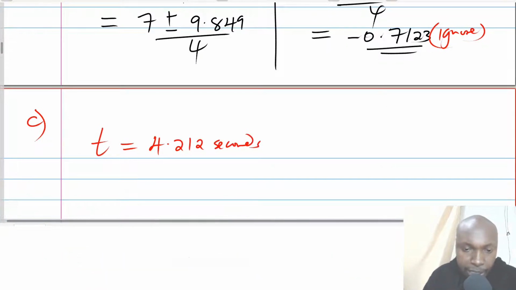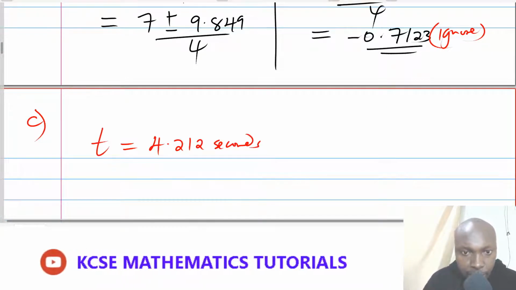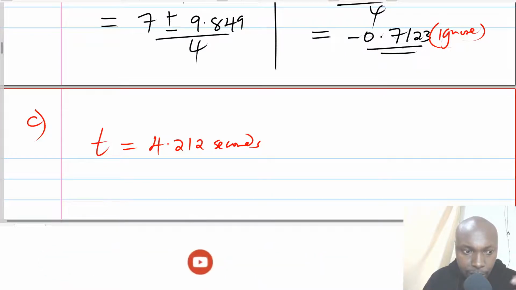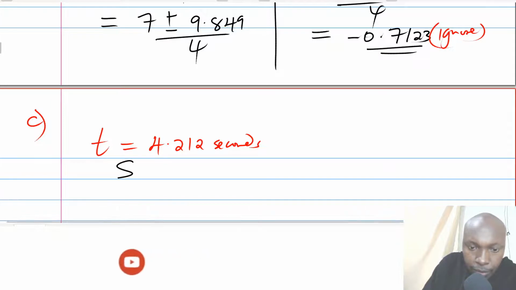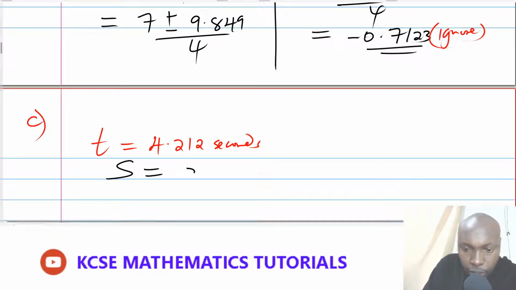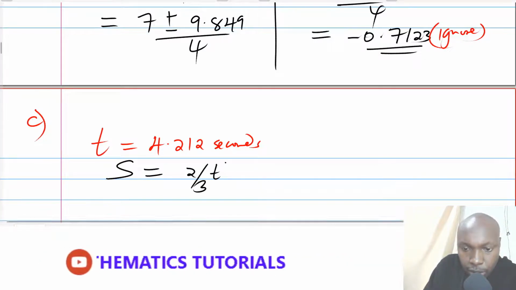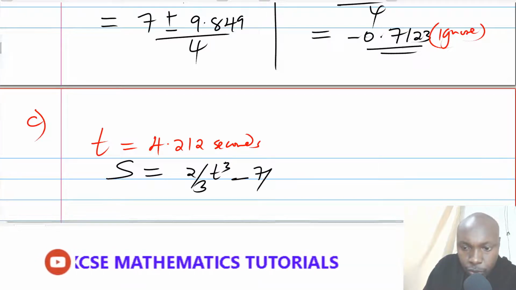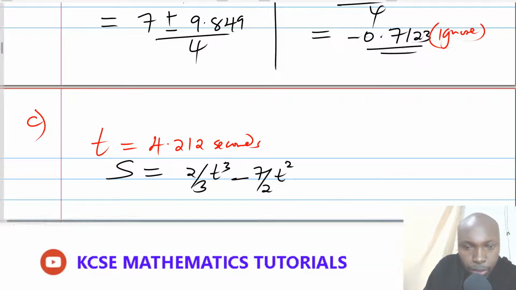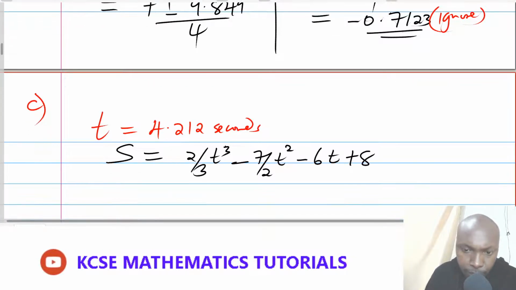So we need to get the displacement at this instant. We take the expression for displacement again: s is equal to 2/3 t cubed minus 7/2 t squared minus 6t plus 8.